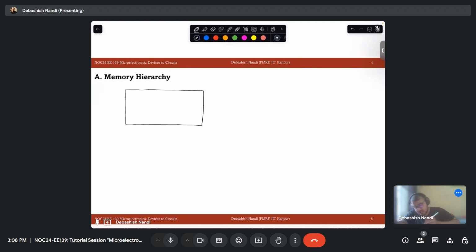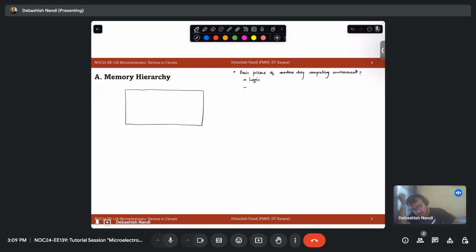To start with, what are the basic pillars of the modern day computing environment? What do you think? One, obviously you know that logic has to be there. That is the key block of your processing environment.